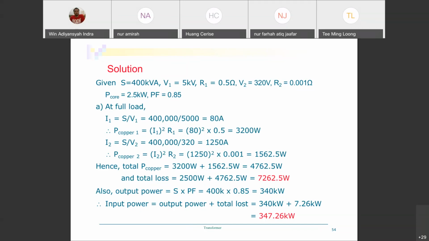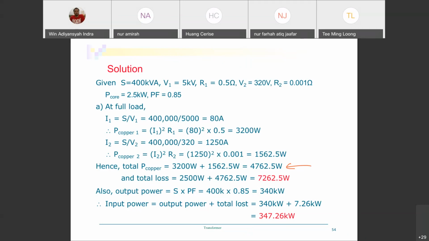Okay, so P copper is the total. You add from primary and secondary, you have 4,762.5 watt total loss of copper.